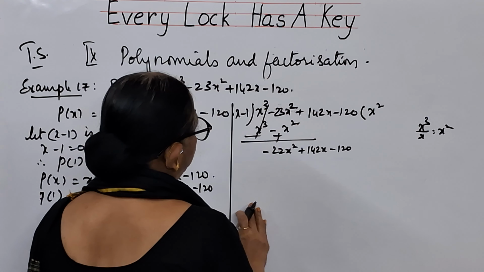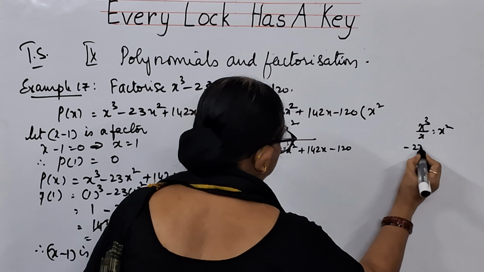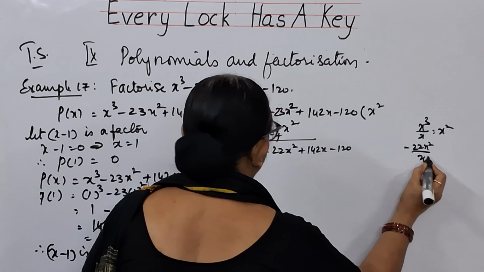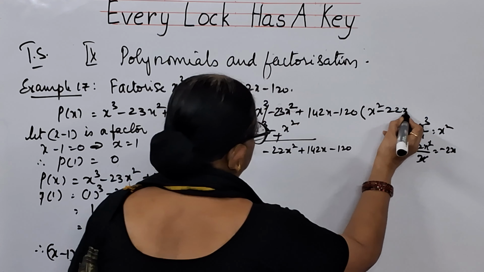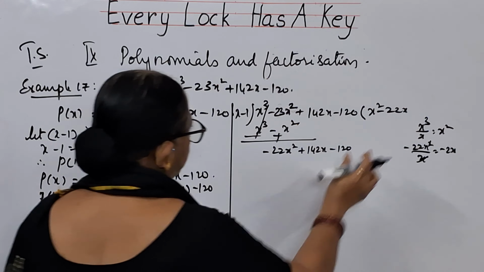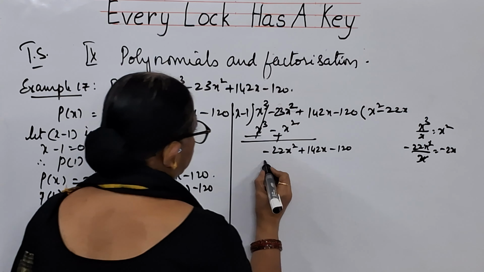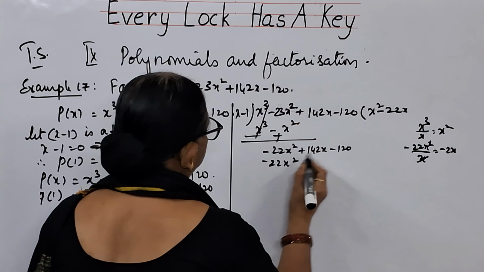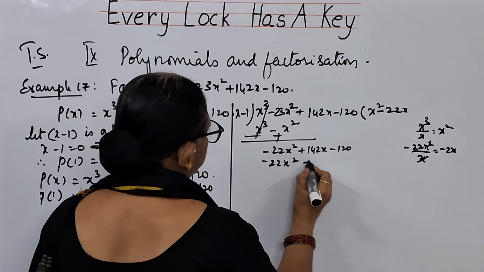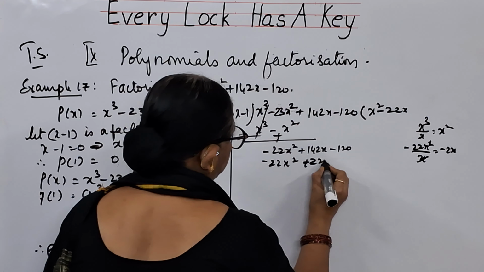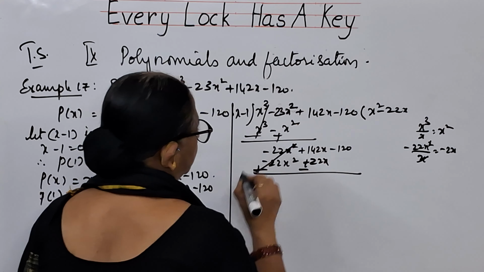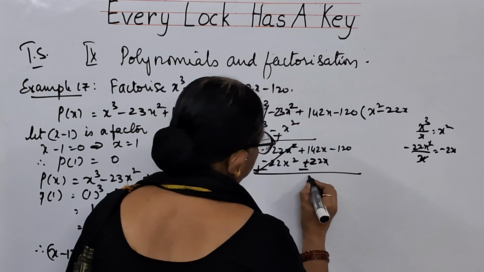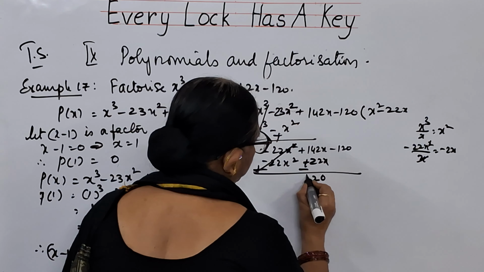So what I'll get: minus 22x square by x, I am getting minus 22x. So minus 22x into x, minus 22x square, minus into minus plus 22x. So plus and minus, these two will get cancelled.